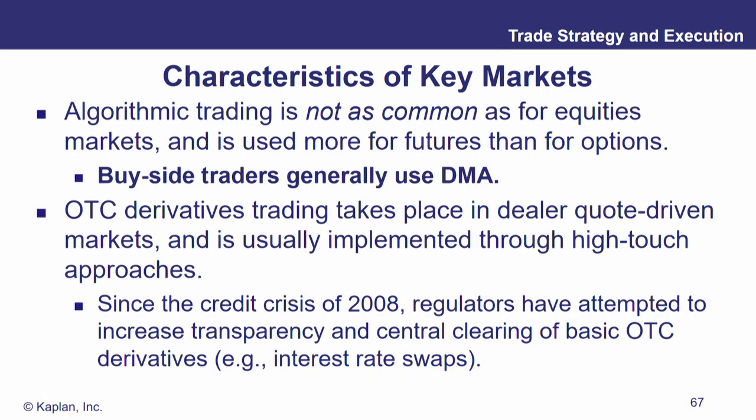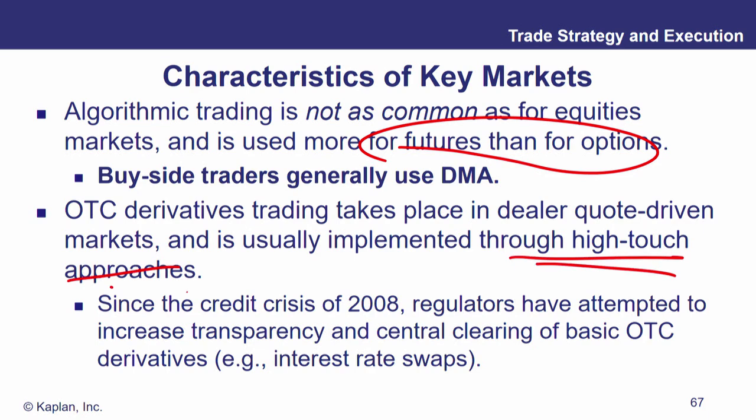Now, algorithmic trading is not as common as for the equity markets, but it is used more for futures than for options. Diving into this, buy-side traders are generally using DMA, or direct market access. Over-the-counter derivative trading takes place in dealer-quoted markets, and guess what? Again, they're using that high-touch approach.